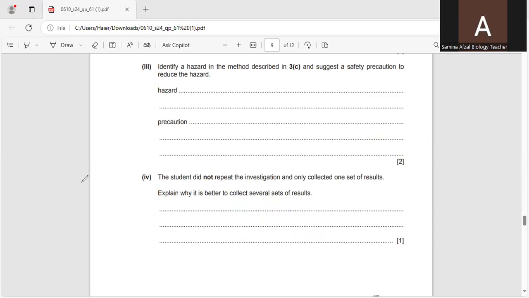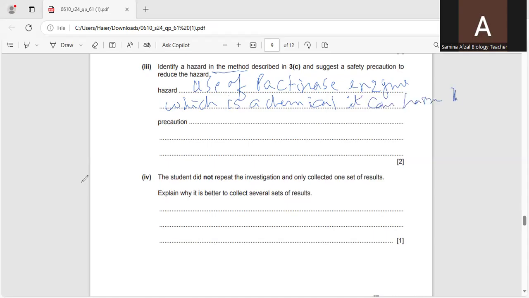Students, in this question, the first hazard we can write is the use of the pectinase enzyme, which is a chemical, and it can harm the hands. So we can use gloves to save the hands.